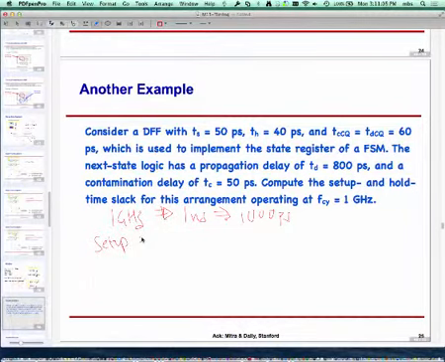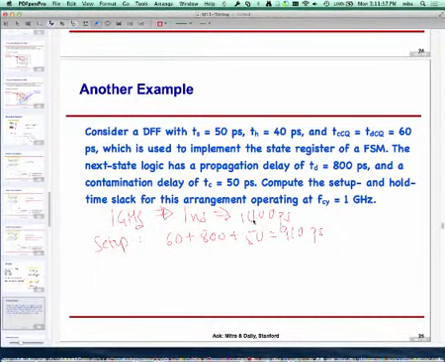Those of you who didn't even make an attempt, let me work it out for you. Basically, we have to look at the propagation delay for the starting flip-flop, that's 60, plus propagation delay through the combinational logic, 800, plus setup time, which is 50, that's 910 picoseconds. 910 is less than 1000, so our clock is sufficiently slow.